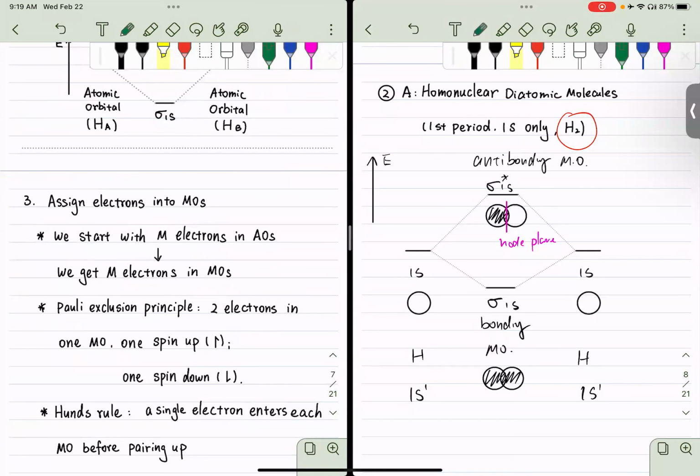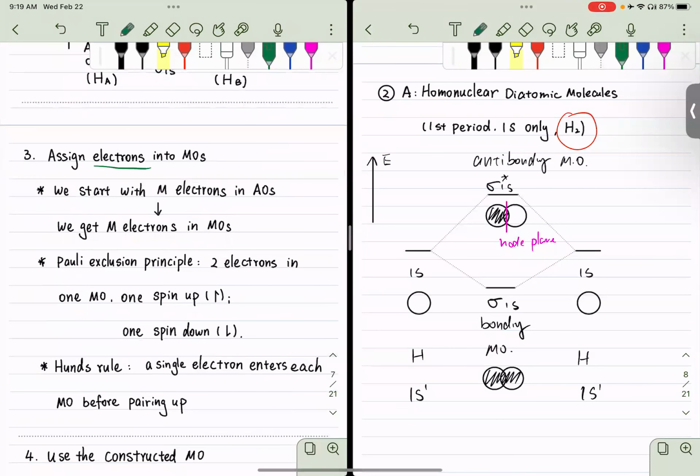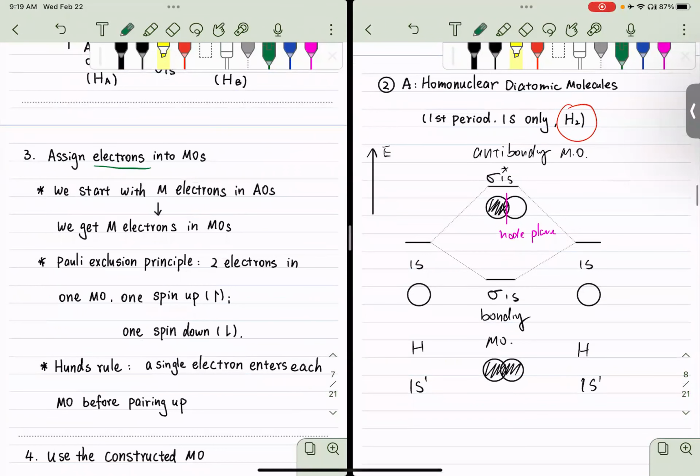And then the next step is we can assign electrons into the molecular orbitals. The idea is the same. We cannot create or delete electrons randomly. In the H2 example we're showing here, on the left-hand side, we start from a 1s electron. On the right-hand side, we also start from a 1s electron.